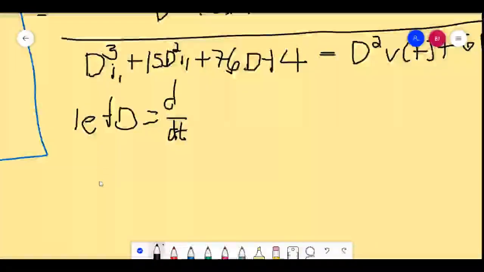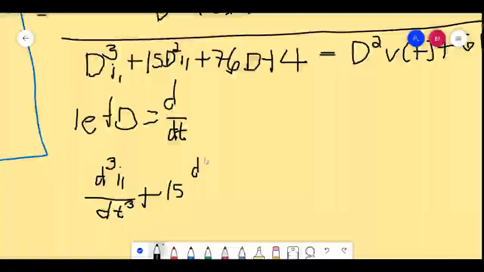So we have this. So this would be d cubed I1 over dt cubed. Next, 15d squared I1 would become plus 15 d squared I1 over dt squared.